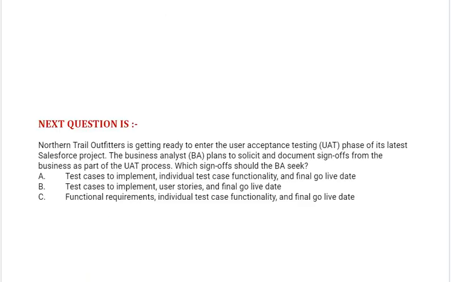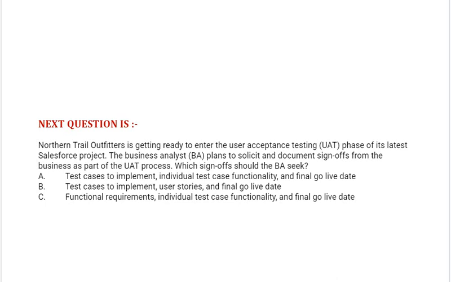Next question is: Northern Trail Outfitters is getting ready to enter the user acceptance testing, UAT, phase of its latest Salesforce project. The business analyst, BA, plans to solicit and document sign-offs from the business as a part of the UAT process. Which sign-offs should the BA seek?